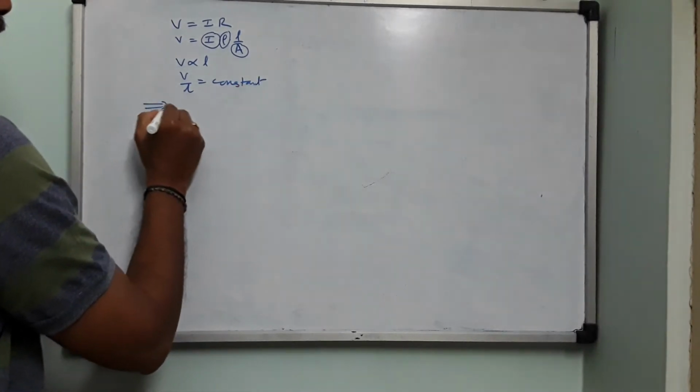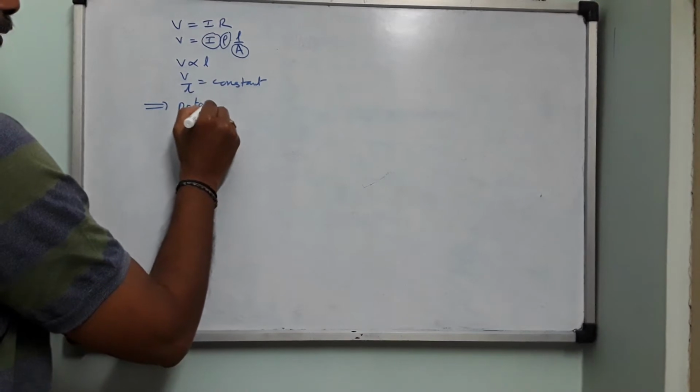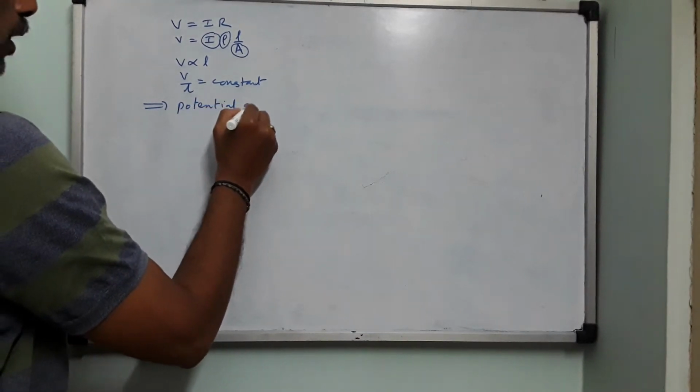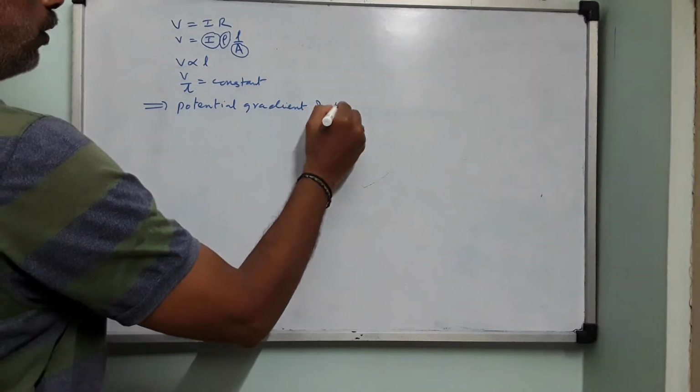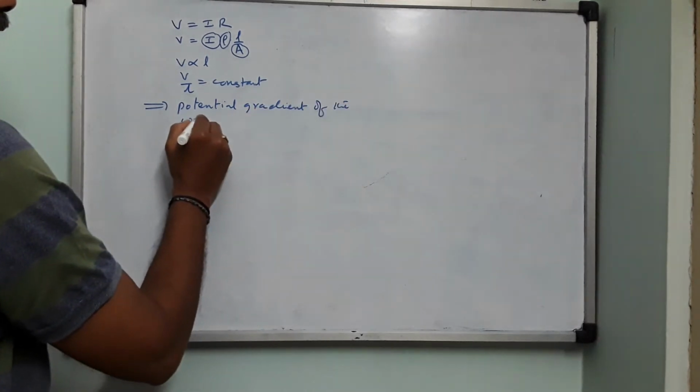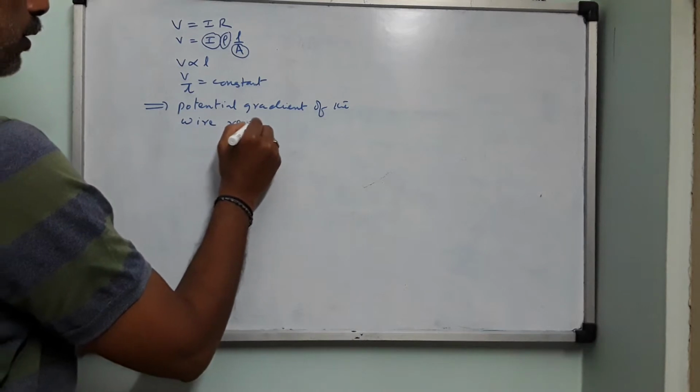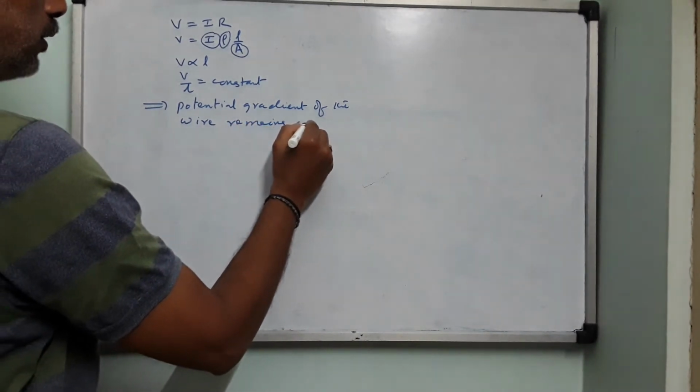This is also called the potential gradient. The potential gradient of the wire remains constant.